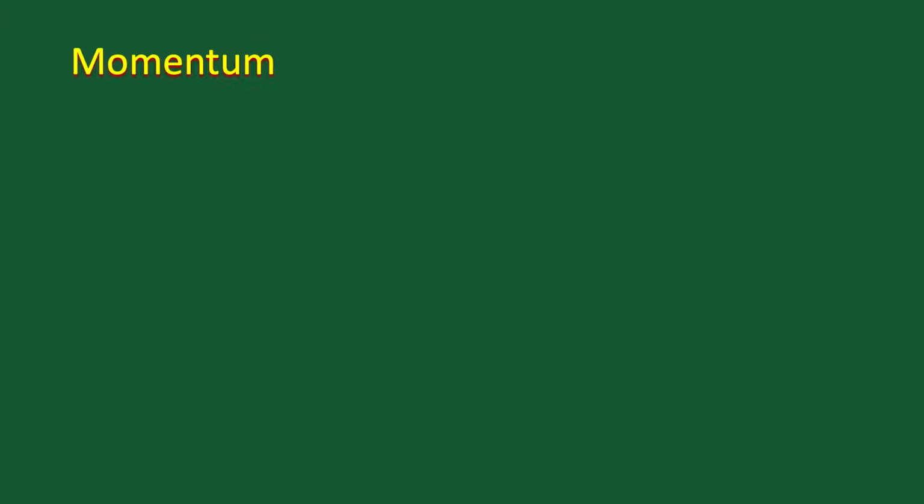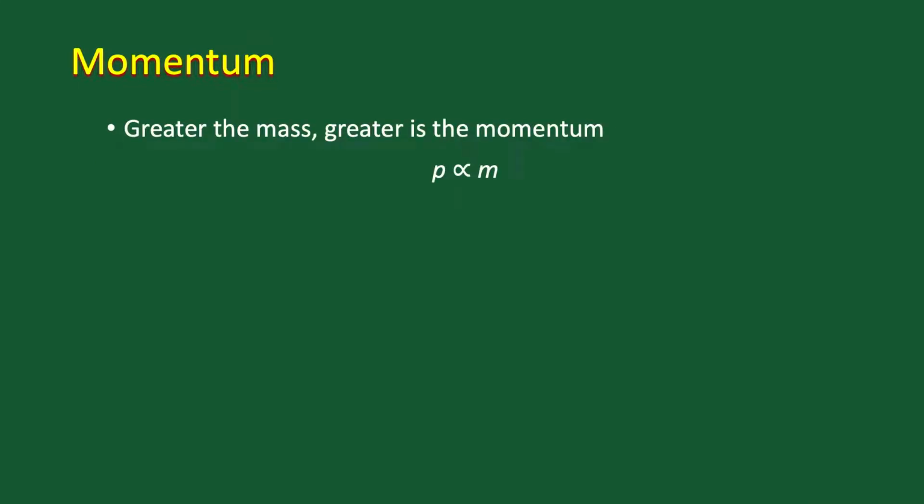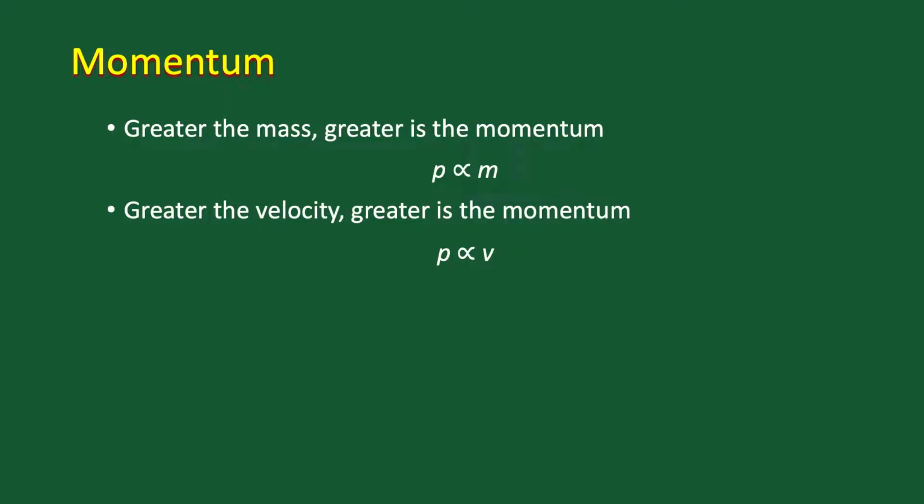So from these two examples, we can say that momentum depends on mass, or in other words, the greater the mass, the greater is the momentum. And momentum also depends on velocity, meaning the greater the velocity, the greater is the momentum.